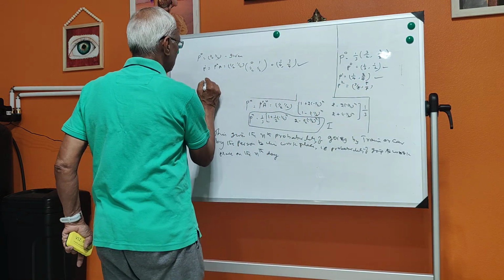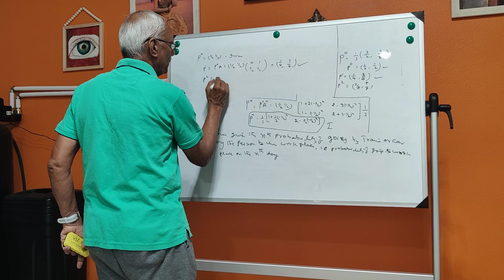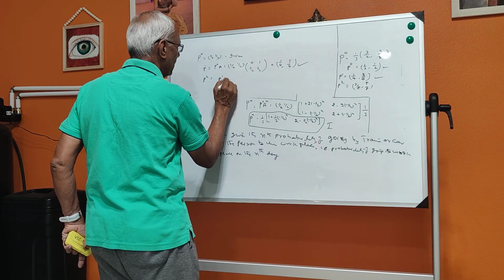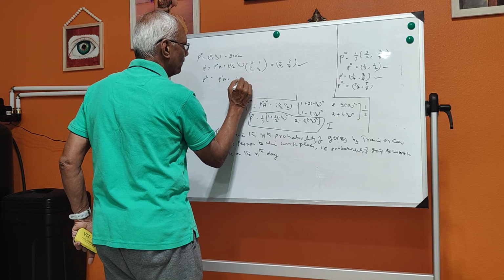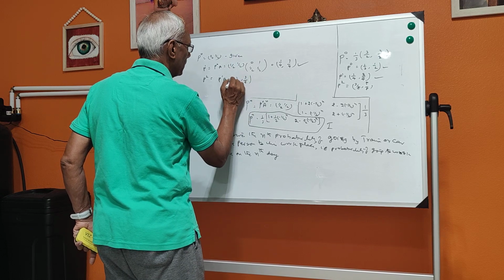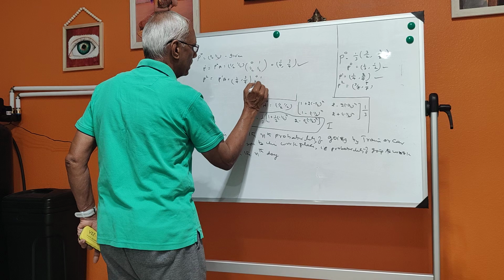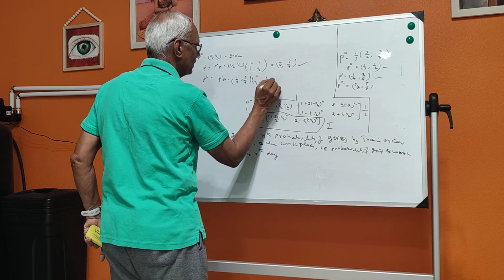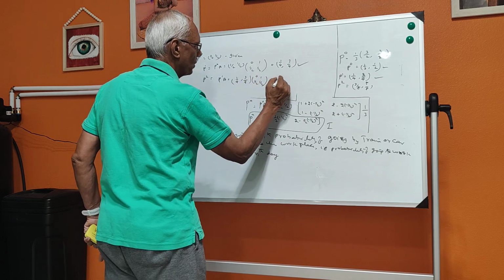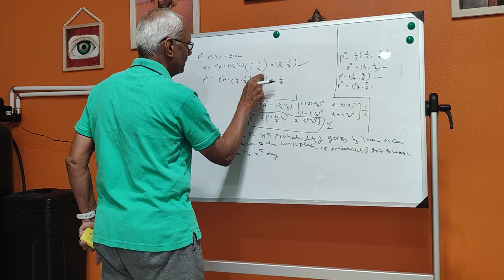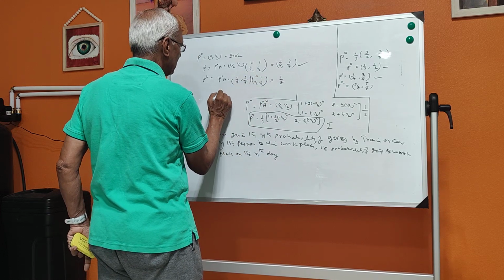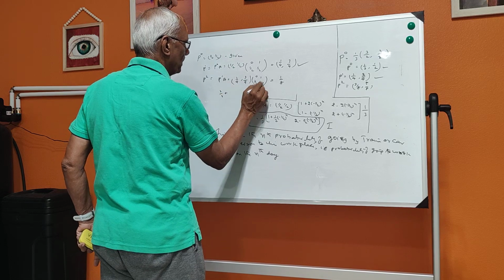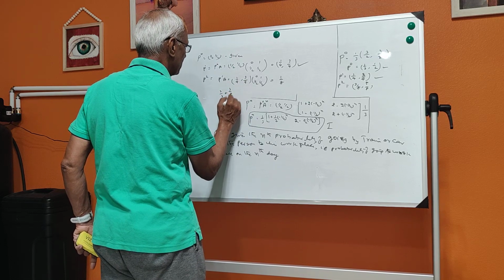So now we see that P2 is equal to P1 into A. What is P1? P1 is 1 by 4, 3 by 4, into 0, 1, half. So you see that this is 0 and this is 1 by 8. And this is 3 by 4, and you get 3 by 4 plus 3 by 8.